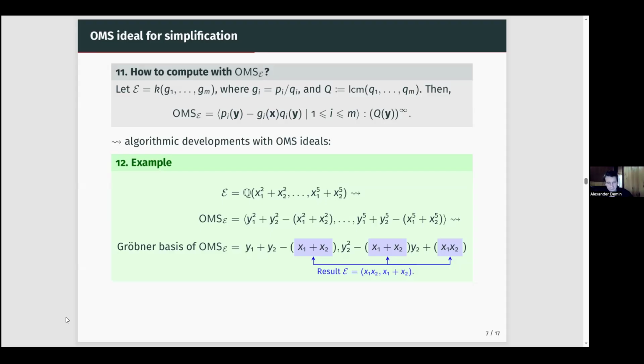Okay, so let me walk through the example. We had these power sums, we accept it as input, we produce the OMS ideal, we compute this reduced Gröbner basis and obtain almost the results that we had obtained, let's say, manually.